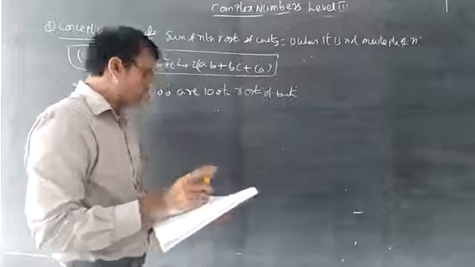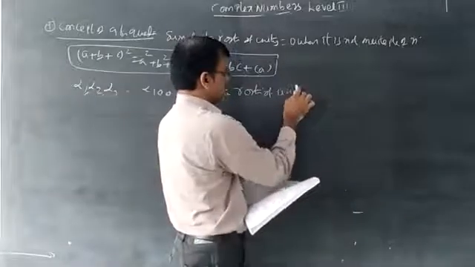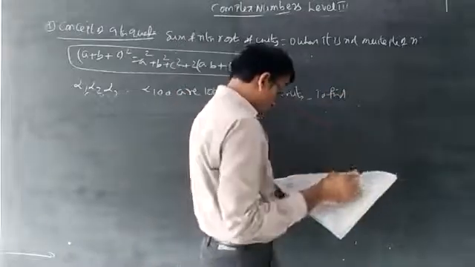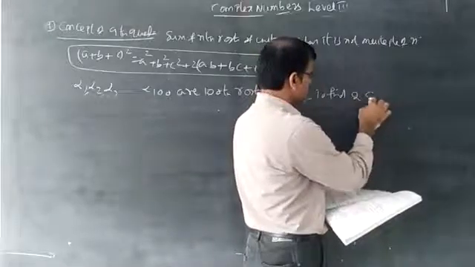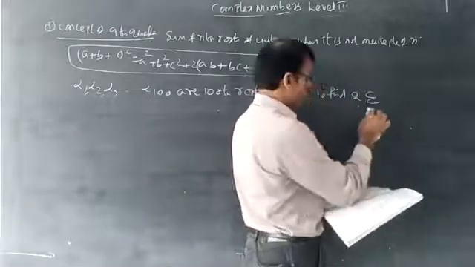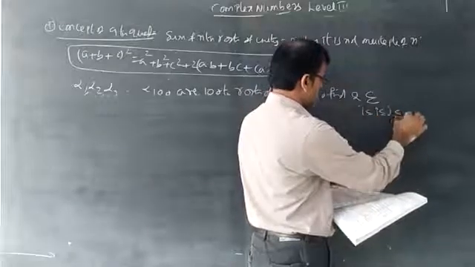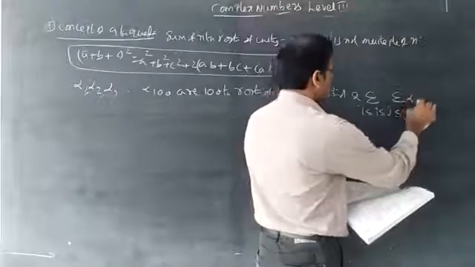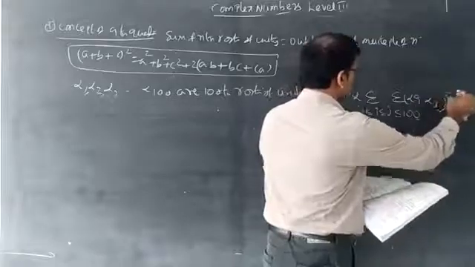Now the value to find is 2 into sigma over 1 less than or equal to i less than j less than or equal to 100 of alpha i alpha j, whole to the power 5.